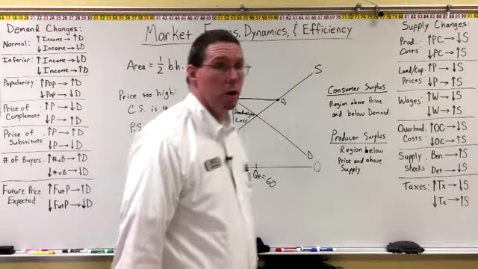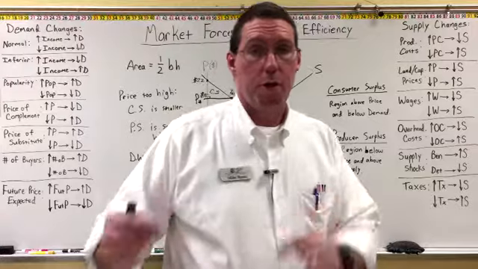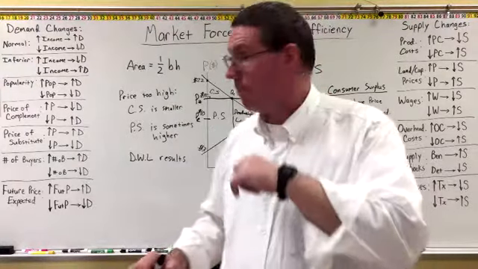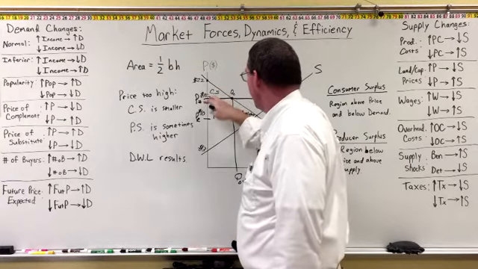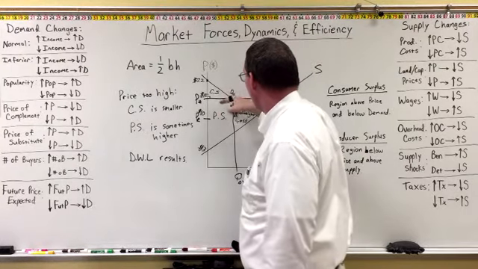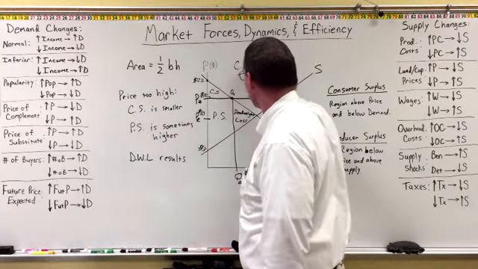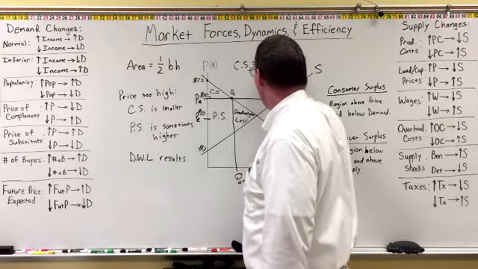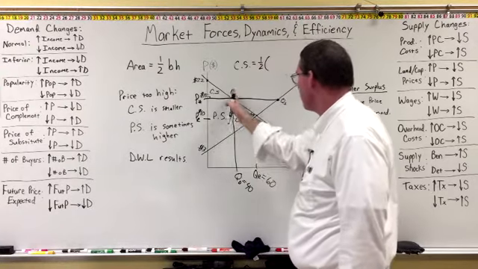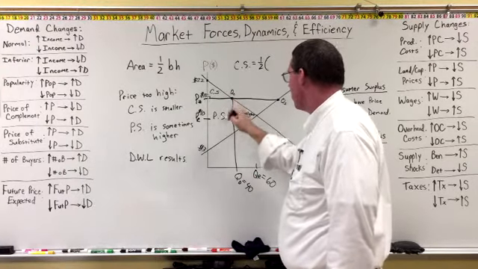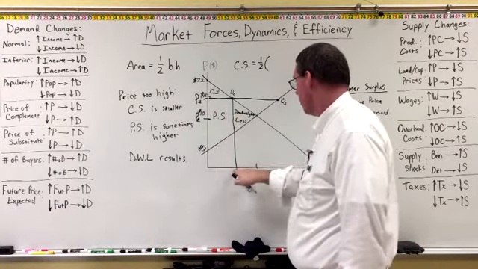And this is where your critical thinking skills are going to have to come in. Consumer surplus is really easy to calculate. It's a triangle, so it's going to be 1/2 base times height. The base is the quantity produced, because this is 0 and this is 40.